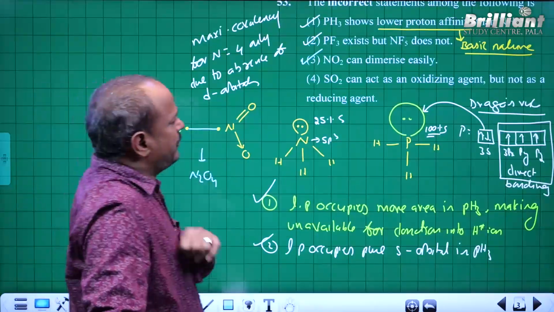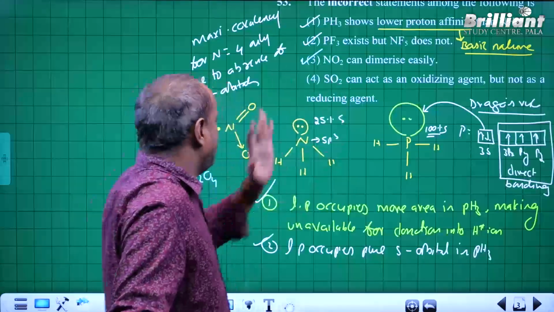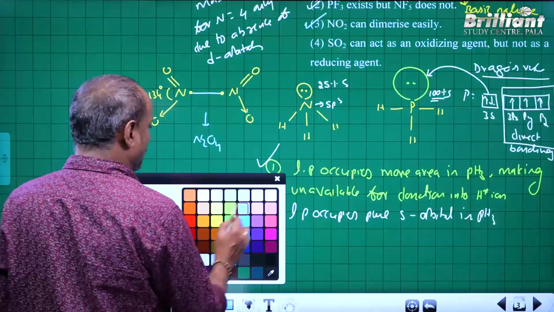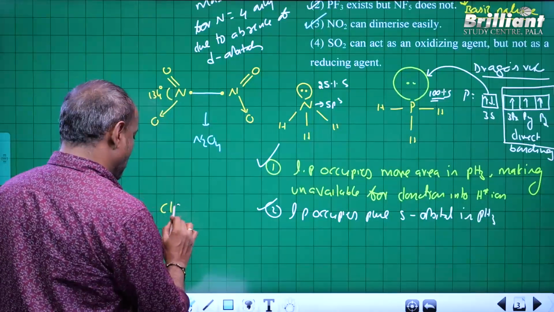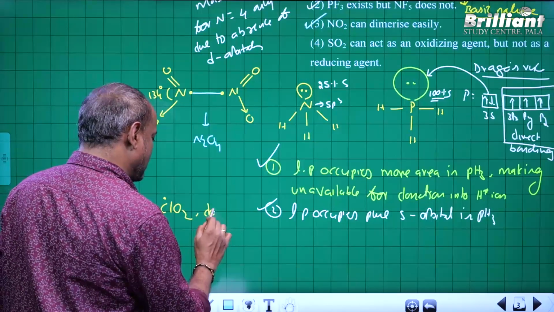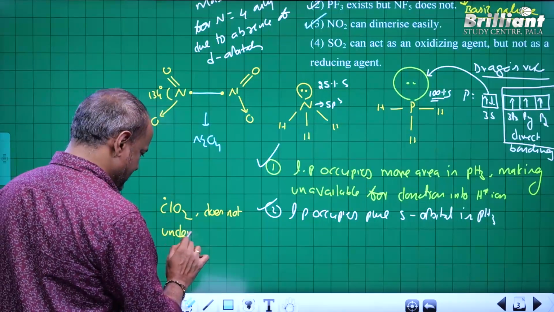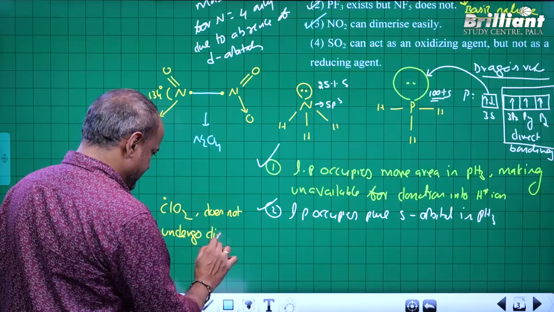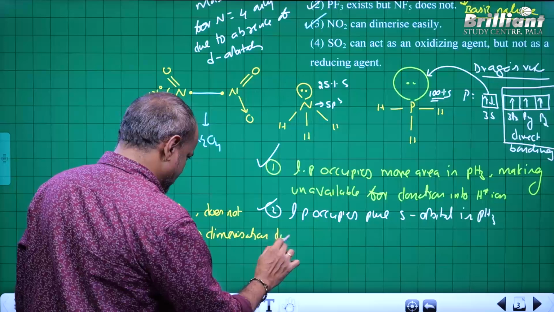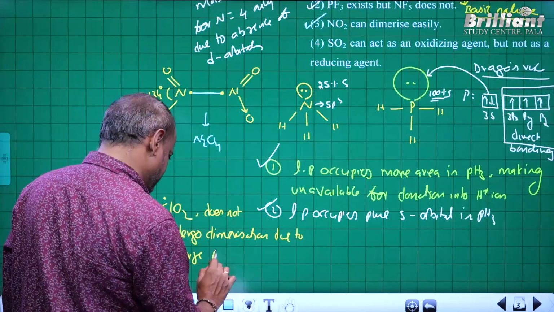But there is one very important exception in the p block elements. ClO2 is the same type and also contains an odd electron, but it does not undergo dimerization, due to the large atomic size of chlorine.